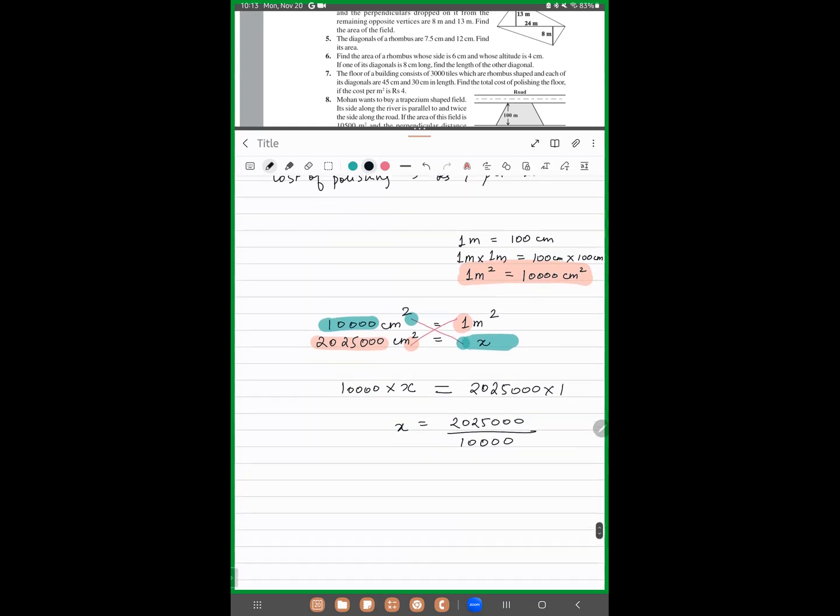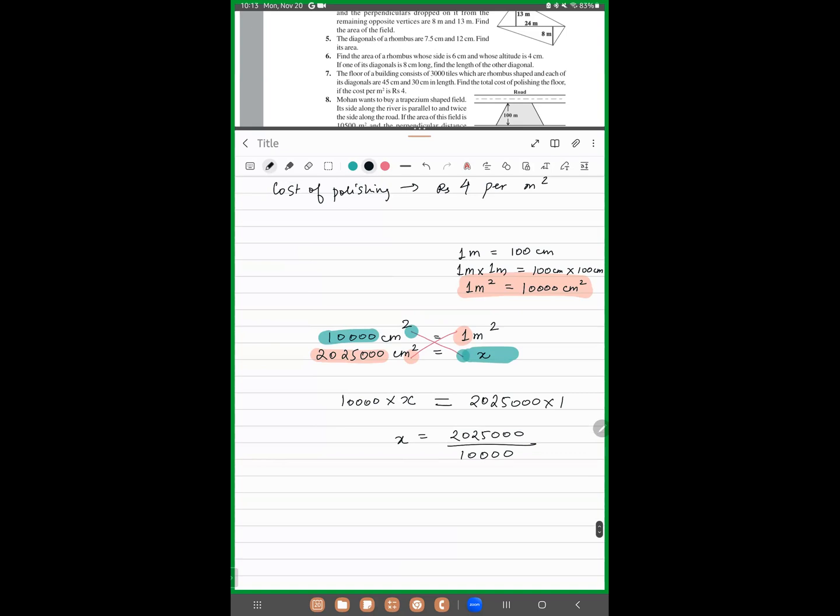In your exam, you're not going to be sitting and doing this entire thing. In your exam, you're just going to look at this. You will skip the entire part and you will just put this over here, meter square. What have we done over here?